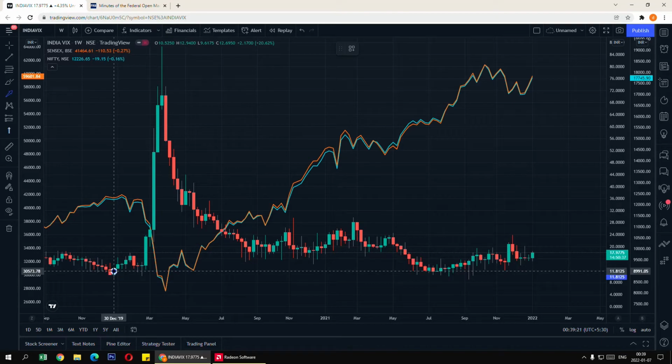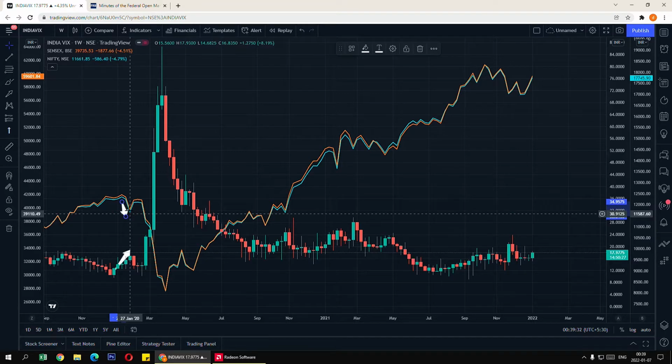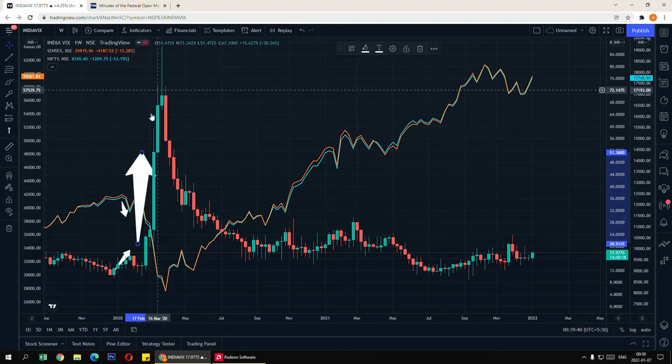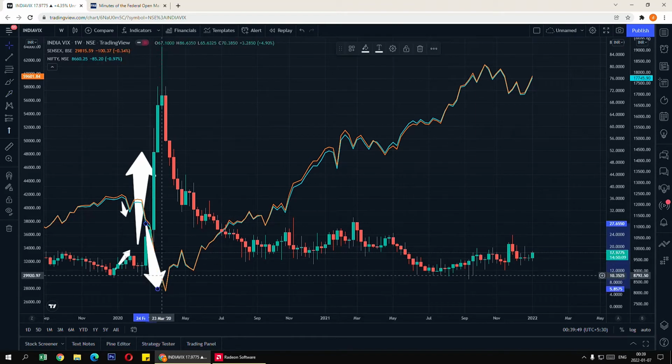Here is an uptick in India VIX, and it has fallen down with downward momentum, which means a small correction in both index funds, SENSEX and Nifty. Again, there was a huge uptick in the volatility index, and that was the March crisis, and it was followed by a correction, actually a crash.